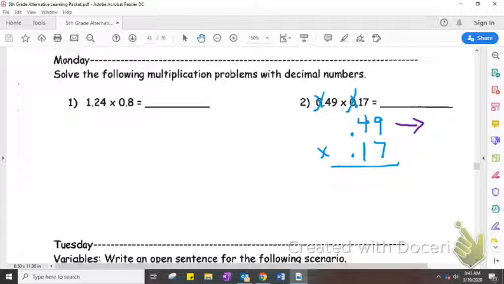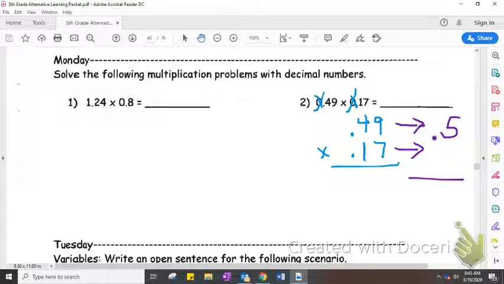Instead of rounding to the nearest whole number, I'm just going to round so that I can get the answer fast. 49 hundredths, we can say that's about 5 tenths, or 50 hundredths. 17 hundredths, now hear me out.